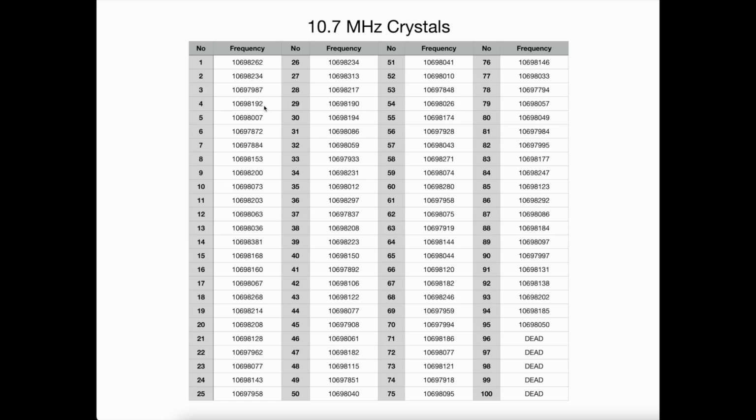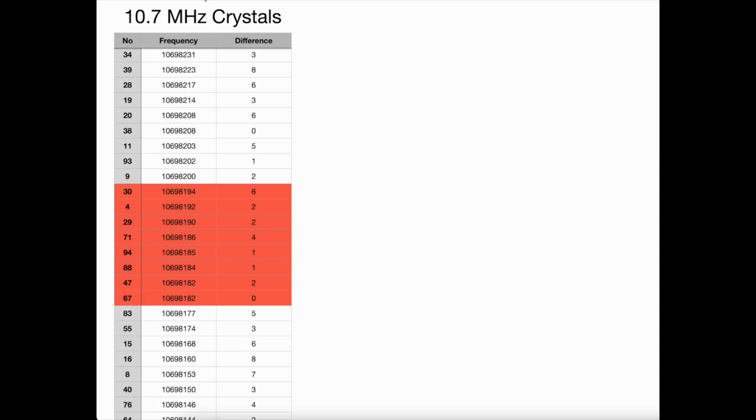And so that was all of them. Great. So I now know what the resonant frequency of each of those crystals is. What I then did on a different tab is get the software to order them.